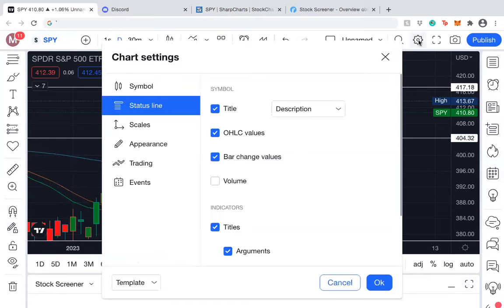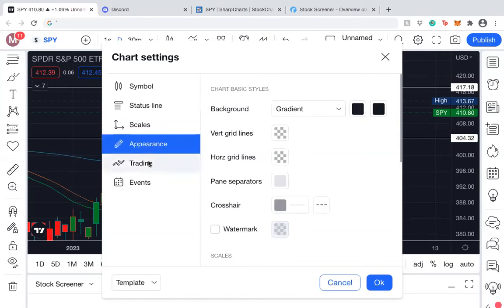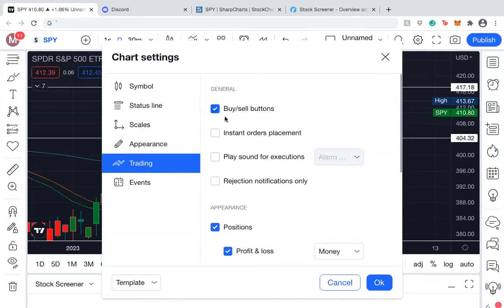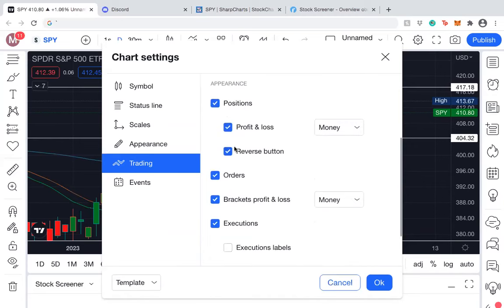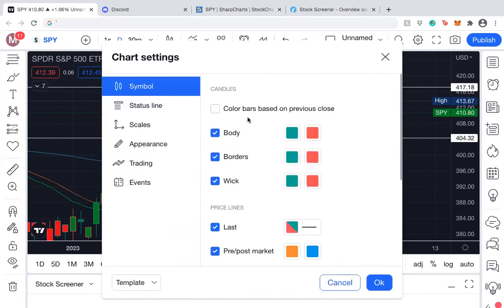So you click on this little tool, right? Up here in the corner, this little crank. And this is where you can put different things, right? You could do your bar change values. You could put the volume on there if you want, the titles and the arguments there, the appearance, the trading. You can put the buy sell buttons, however you want to do it that makes sense to you.